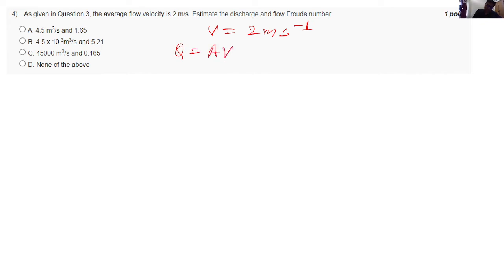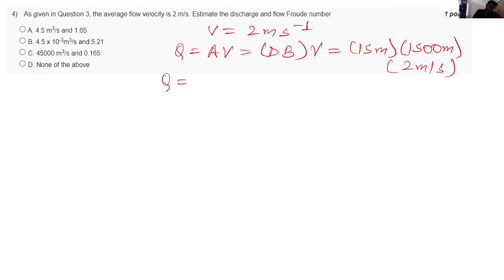Straight away we can find the discharge as the product of the cross sectional area and the flow velocity. The cross sectional area is nothing but the product of the width and the depth. So this is 15 meters times 1500 meters times the velocity.